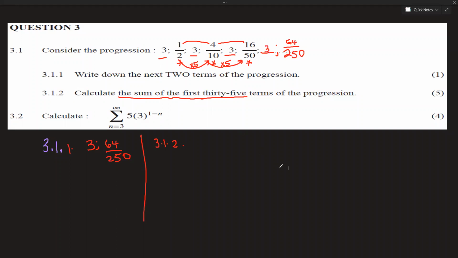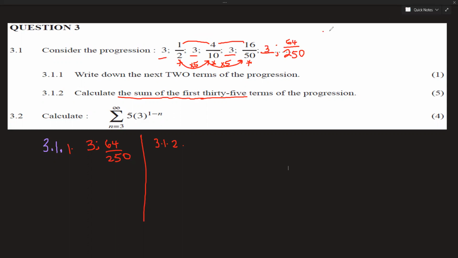We will need to analyze this question a little bit. Let's go back and analyze that. I'm sure we can see that the 3s are occupying the odd positions.